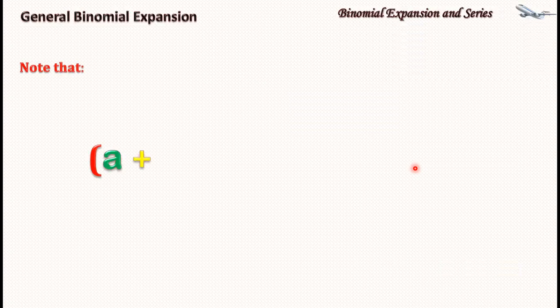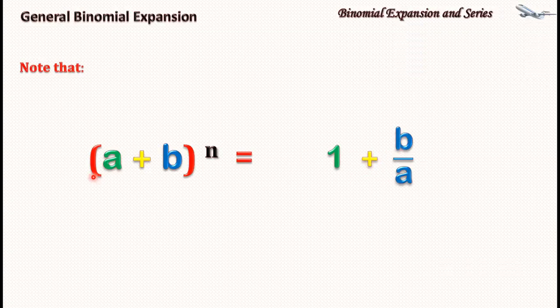Note that a plus b to the power n is the same as follows. If this value a is not 1, this is what I want to emphasize now, see what you can do to make it look like the general binomial expansion. You can factor out this a to the power n. I'll divide all through by a, so I'll have 1 plus b on a in brackets, and the a is outside.